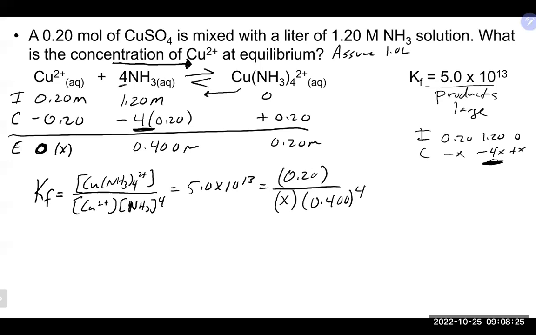So at this point, we're going to solve for X. Basically the X and the Kf value switch places.